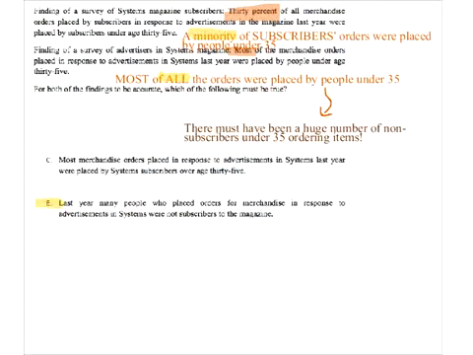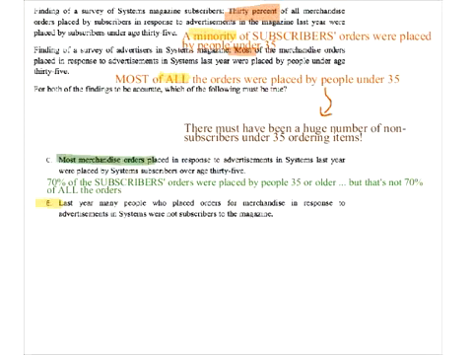And that's the problem. That's not 70% of all the orders. And that's the problem with this answer choice. Because this is not just subscribers, this is most of the orders, and we don't know that. If you look at just the set of orders placed by people who subscribe to the magazine, then that's 70% of that smaller group. But if there are a huge number of non-subscribers, which in fact there have to be, then that could substantially lower that percentage overall.